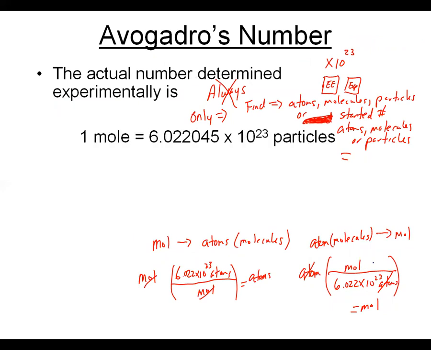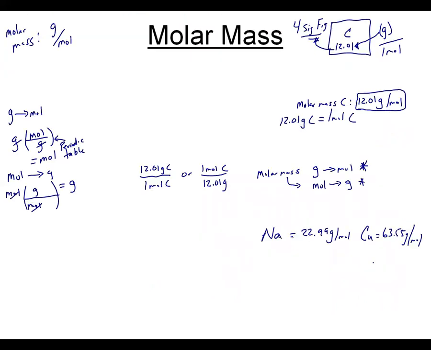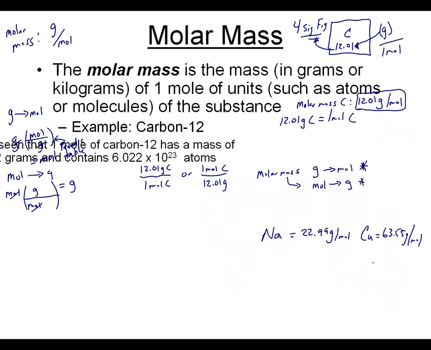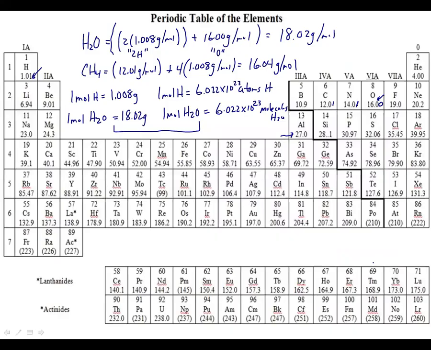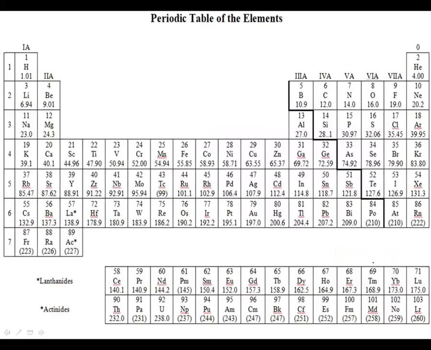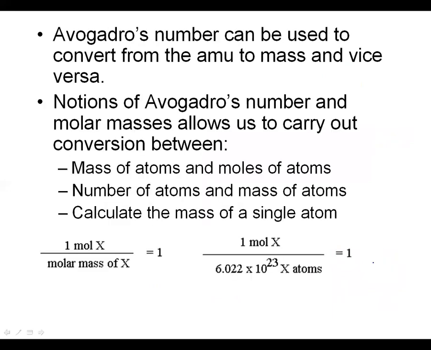All right, let's get back to where we were. Another periodic table. So again, we could use Avogadro's number. And again, we only want to use it when it has something to do with atoms or molecules in the question.